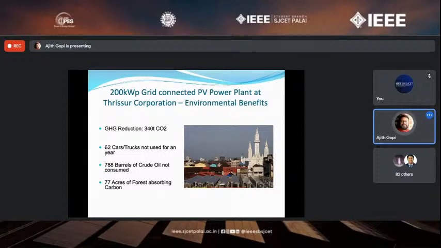I have given guidance to some of the engineering students, some of the engineering batches who approached me on RETScreen. They made simulations on RETScreen actually. Why I'm telling about RETScreen is that it is very interesting to give you some of the typical magical numbers like this, like how it is environmentally interesting.